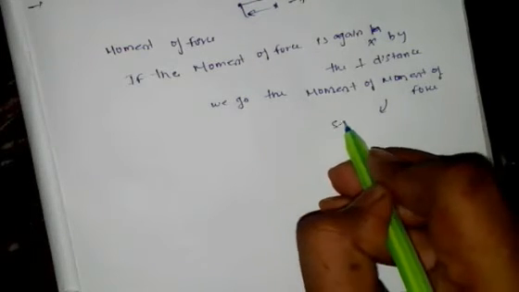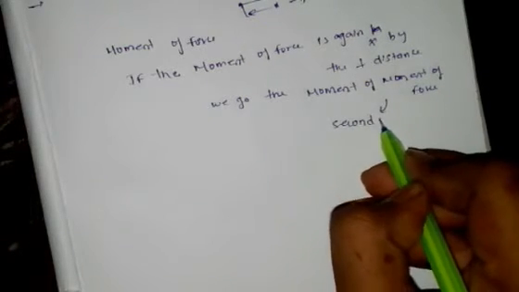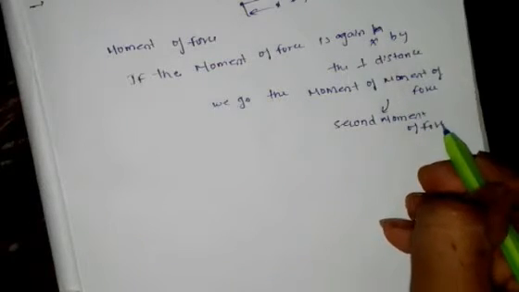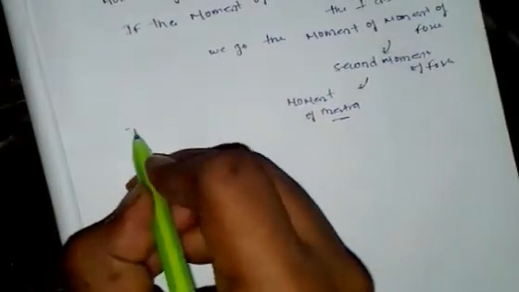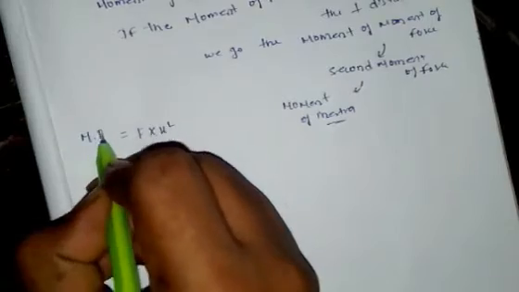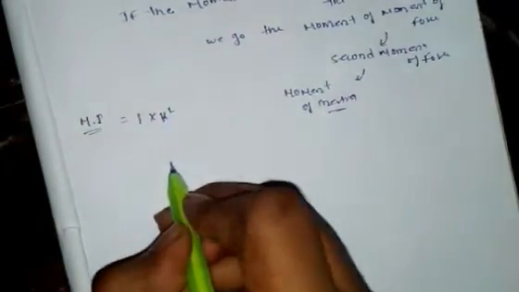It is also called the second moment of force. Here the moment of inertia is force F into x square, that is, the MI, moment of inertia, is F x square.